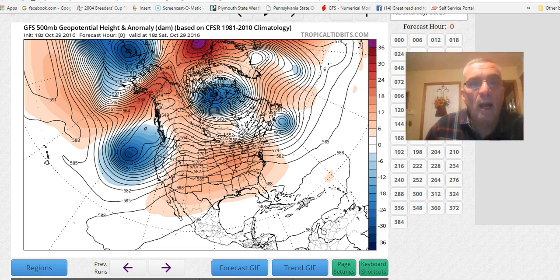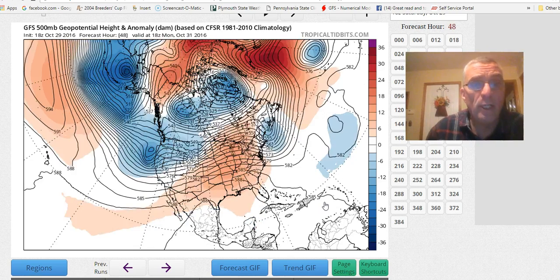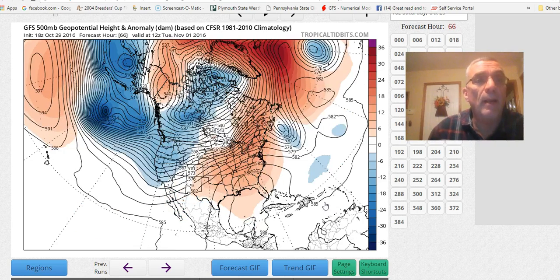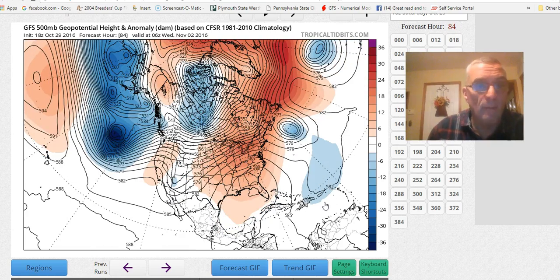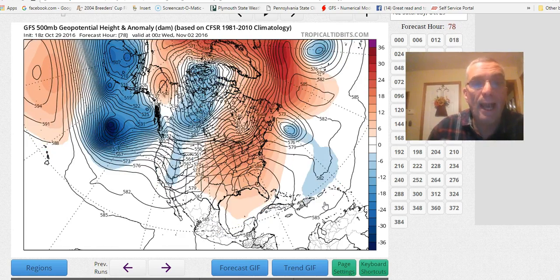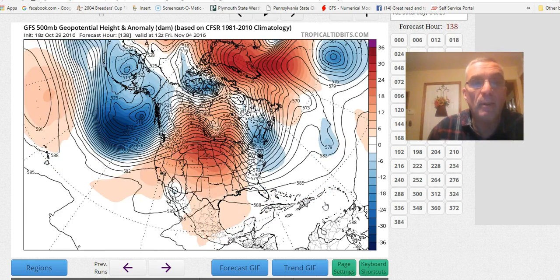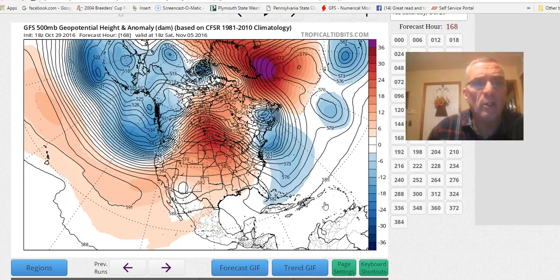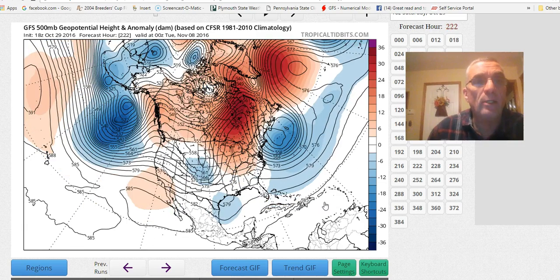So that's something to keep in the back of your mind. Now, the other thing I want to touch upon is that I've been touting the idea that there's going to be a mid-month pattern change. When you look at the upper air pattern jet stream for this week, it is very benign for the most part. You don't have a real good polar connection setting up. But this model run today was very interesting because as we go through time, the jet stream begins to change.